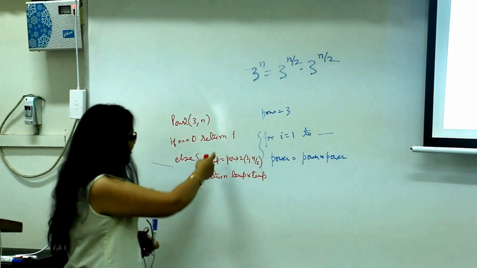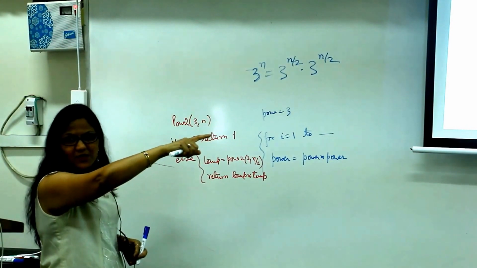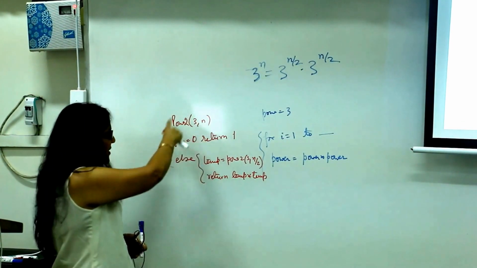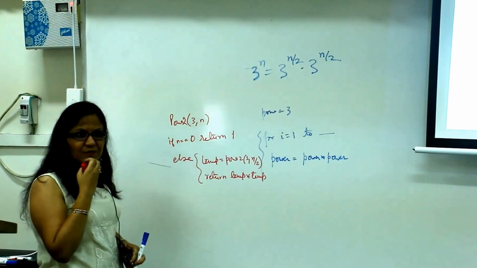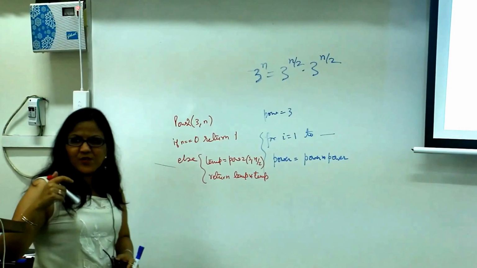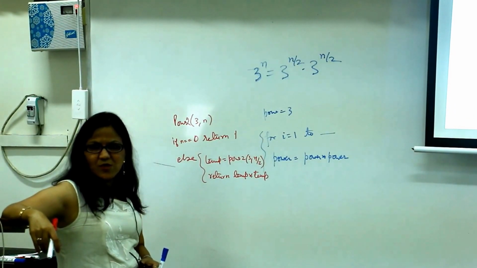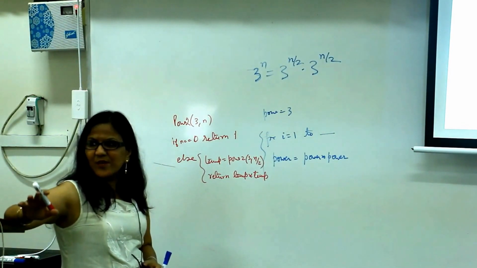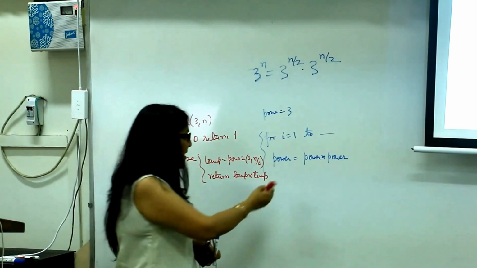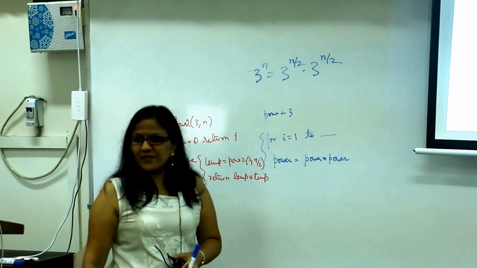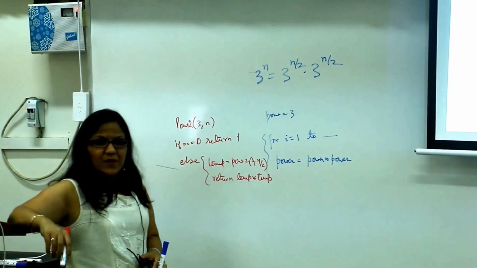If I gave you this formula, how many of you think you would have been able to write the recursive version? Raise your hands. 1, 2, 3, 4, 5. So quite many, right? And only 2 of them have been able to write the iterative one.